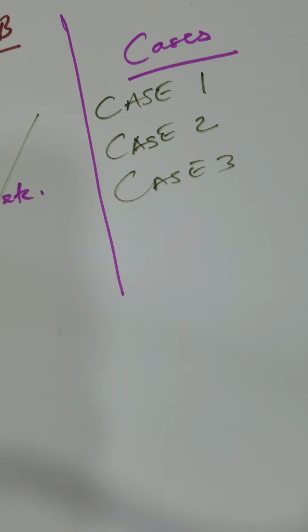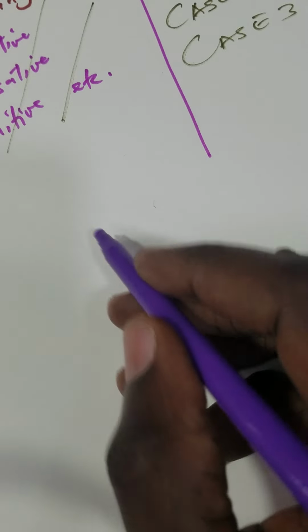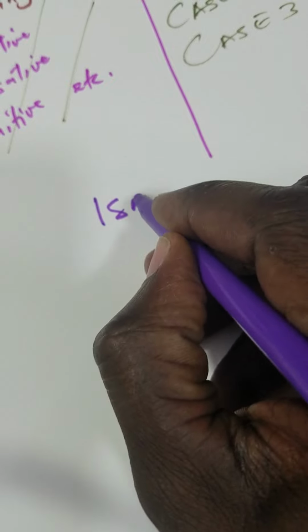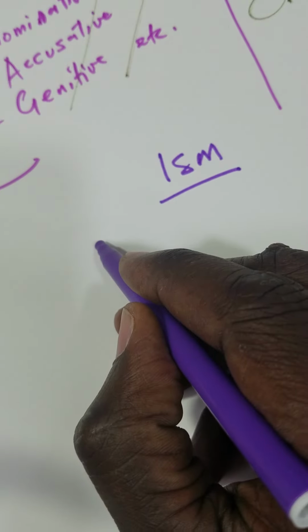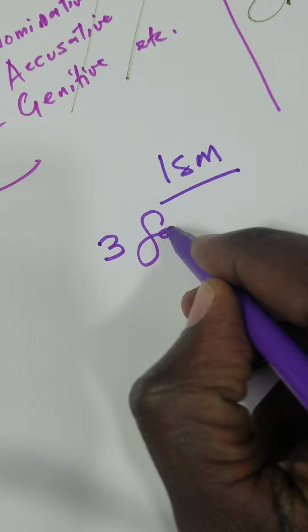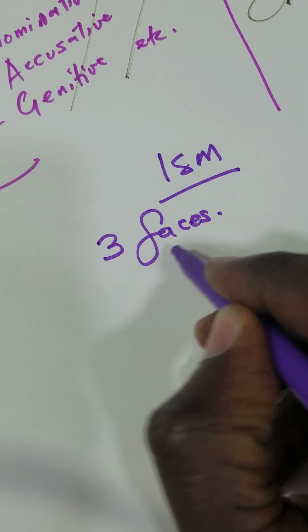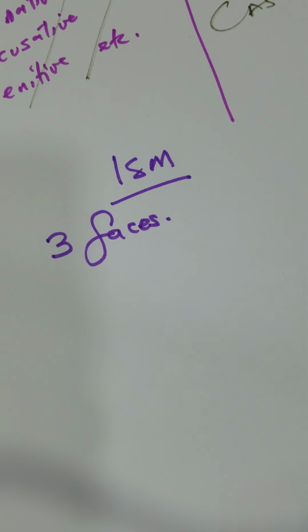Now, what I want you to understand here is that in this language, the Arabic language, every isim can have 3 faces. There will be 3 different ways that an isim can be presented.